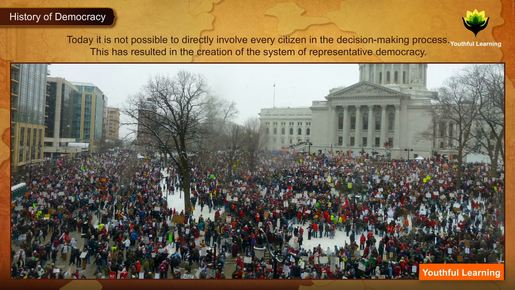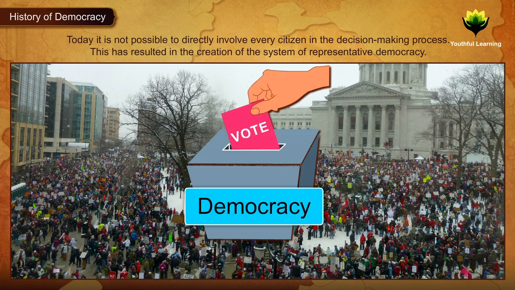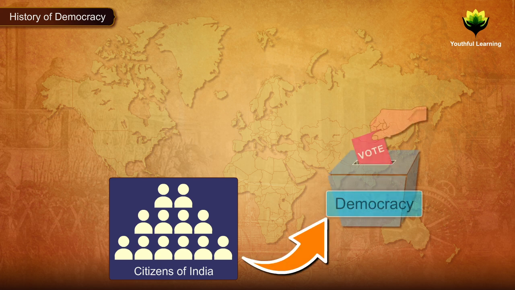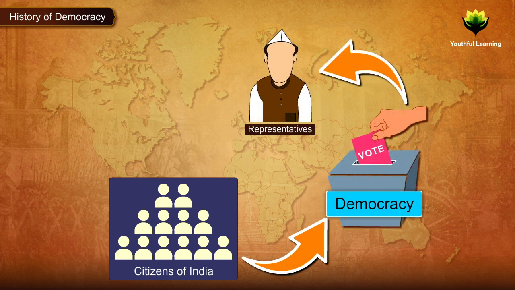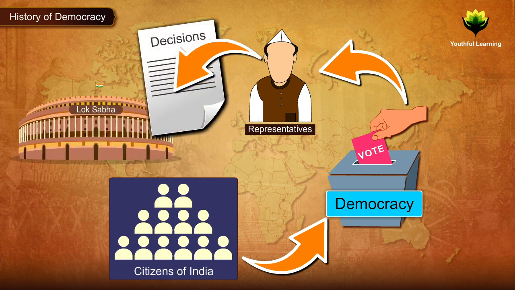This has resulted in the creation of the system of representative democracy. Here, the citizens elect certain individuals as their representatives, who in turn take decisions on behalf of the people and run the government. Let us look at the various elements of the election process.